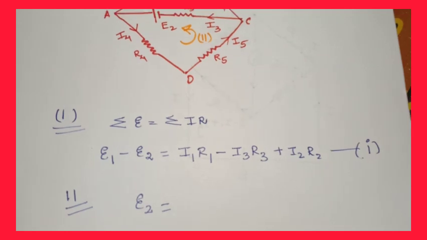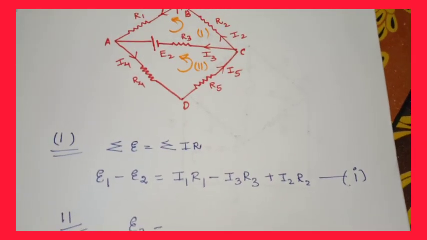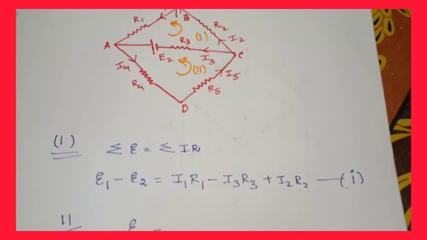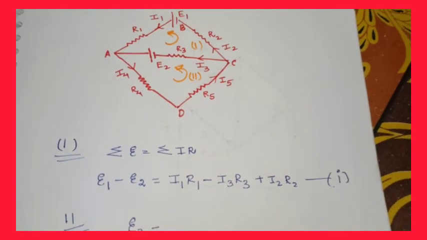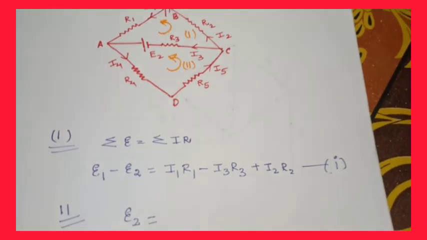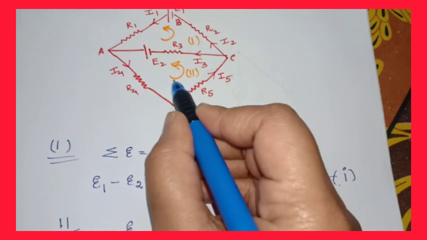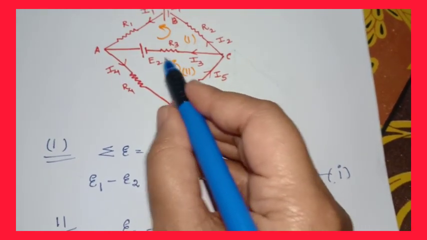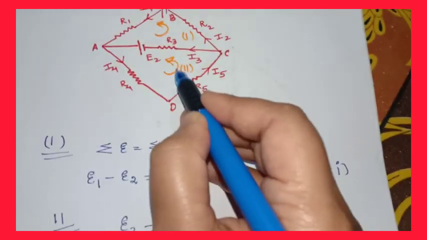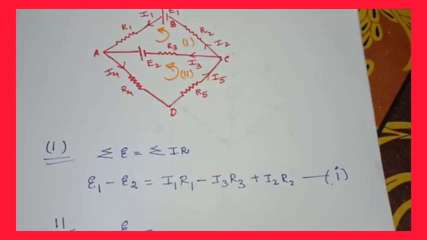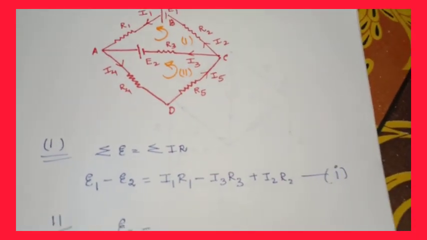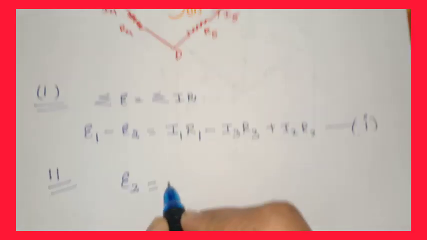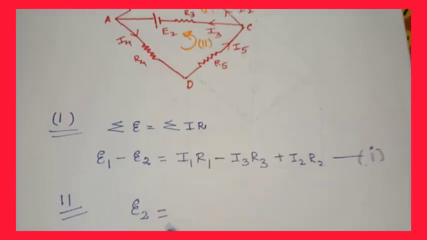EMF 2 is equal to... How many resistances are there in the second loop? There are 3 resistances, R3, R4 and R5. The counterclockwise direction which I have taken and the direction of current in the loop are the same. So I can write down directly the product I3 R3 to be positive.